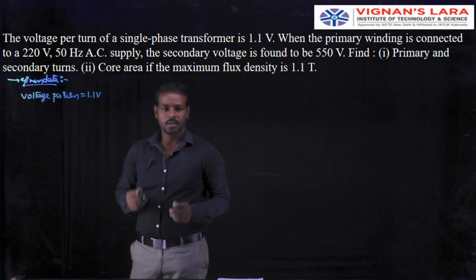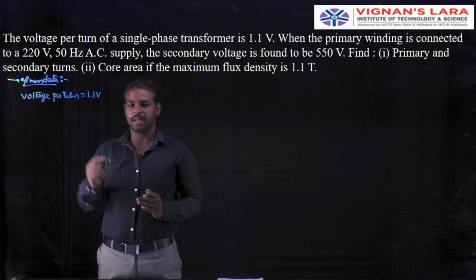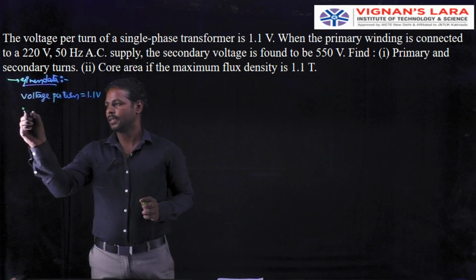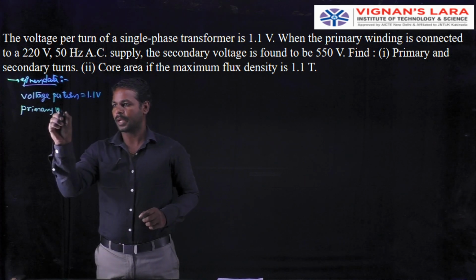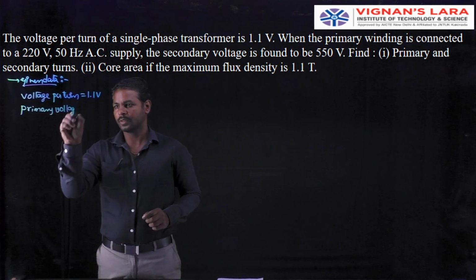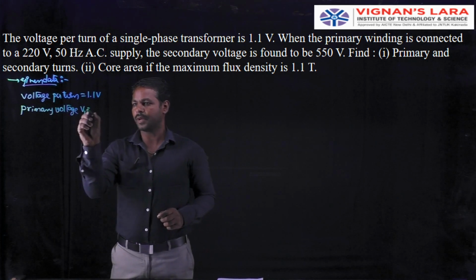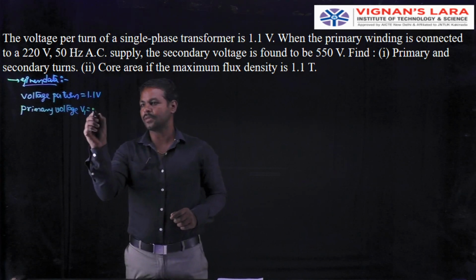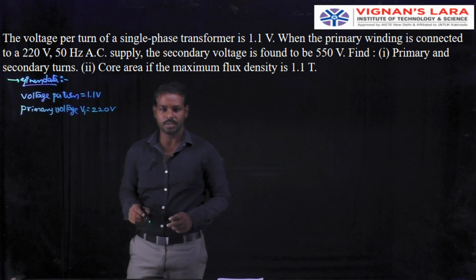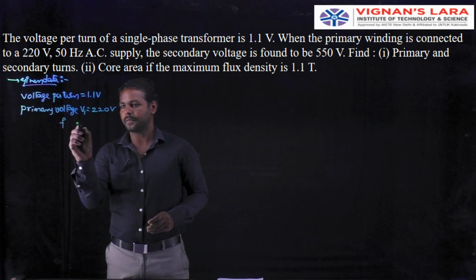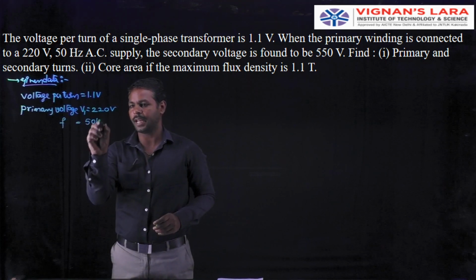When the primary winding is connected to 220 volts 50 Hz, the primary voltage V1 is equal to 220 volts, and the frequency F is equal to 50 Hz.